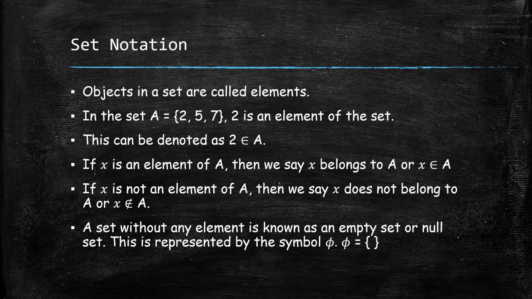A set without any element is known as an empty set or null set. An example of a null set would be the set of even numbers less than 1. There are no even numbers less than 1, so that is an empty set. Another example would be a set of even prime numbers greater than 3.